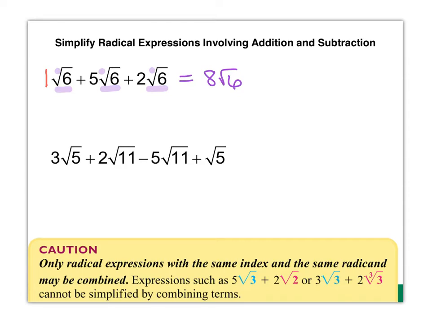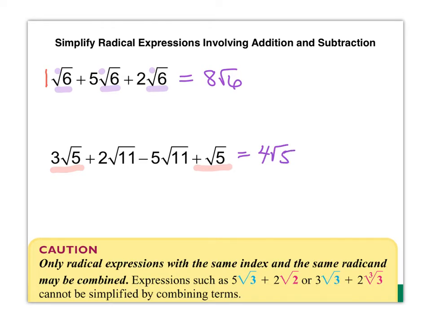In the second example, we can combine like terms. The terms that are the same include the 3 square root of 5 along with the plus square root of 5. Those two are considered like terms, so we can combine those into a single radical. 3 radical 5 plus 1 radical 5 is 4 radical 5.